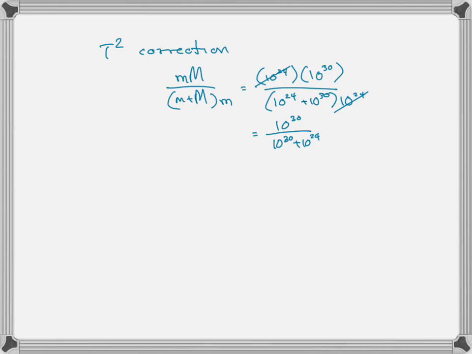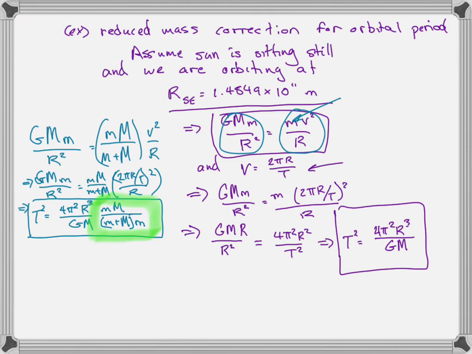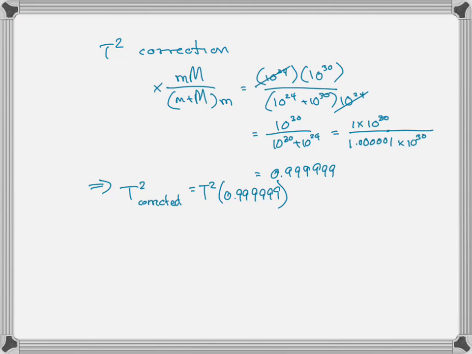There would be no correction, because this is a factor multiplying T squared. So we get T squared corrected equals T squared times 0.9999.